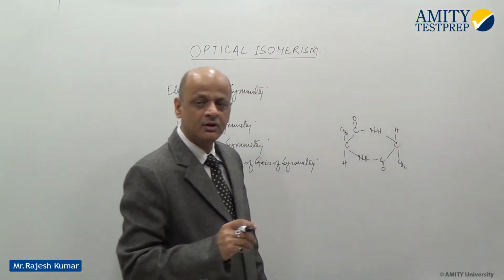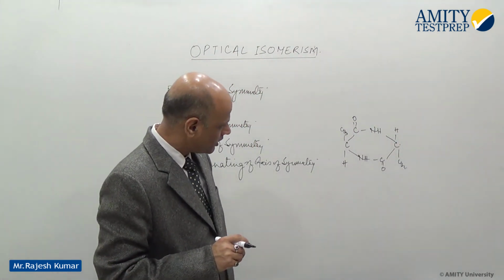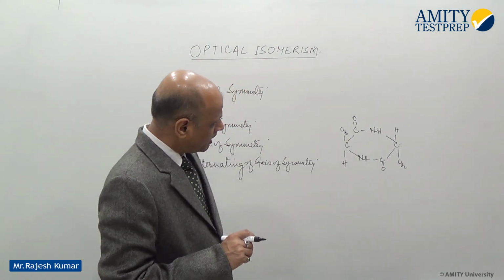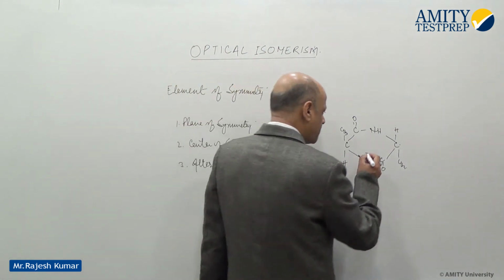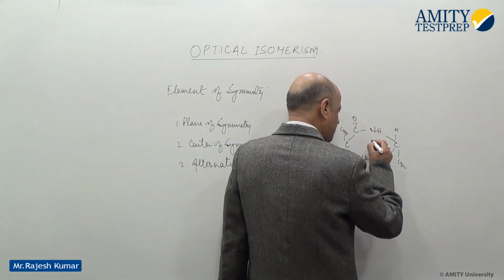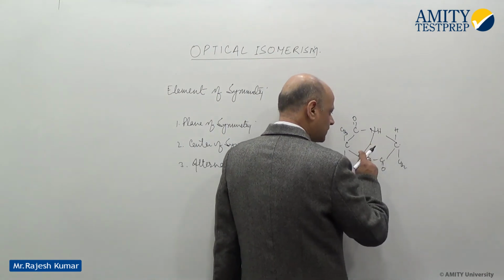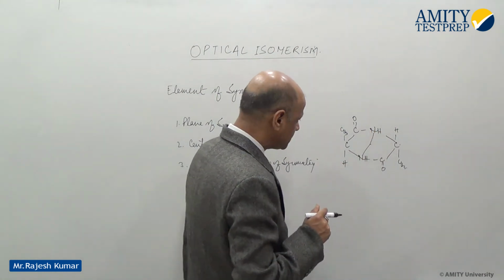This is diketopiperazine. It is a biomolecule. In this molecule, consider a point, and from this draw a line and extend it backward. It is going to join two like groups together.